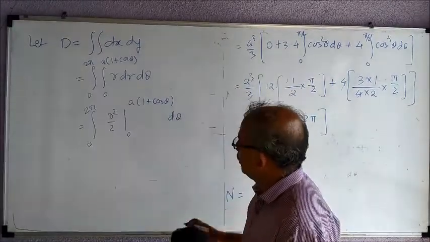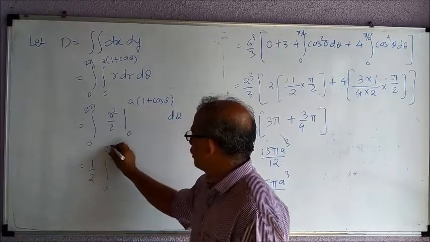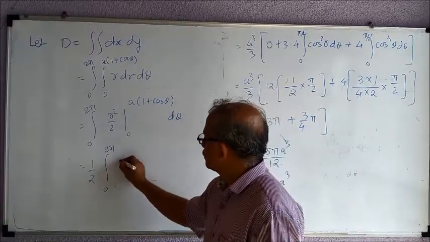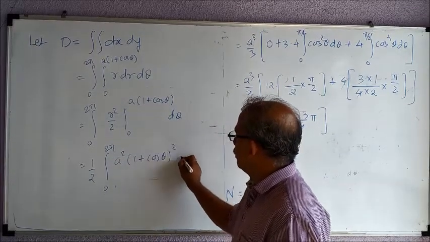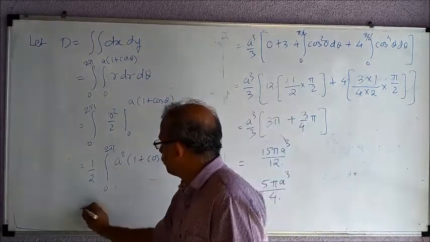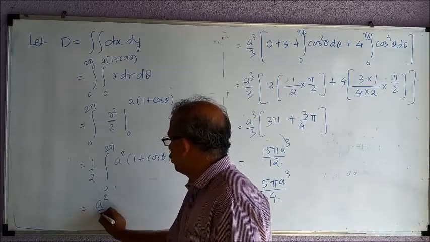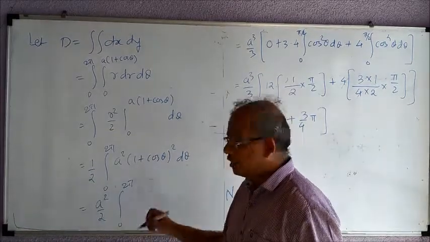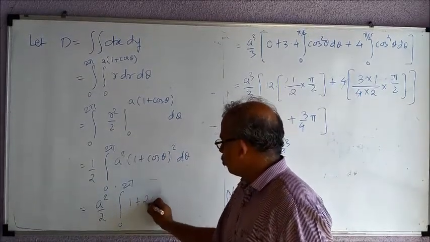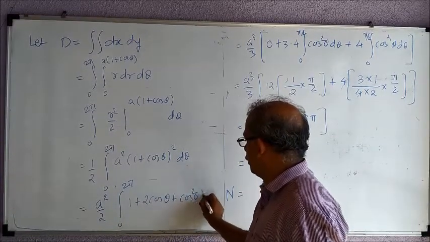Now solve this one and see what you are getting. This is equal to half outside, 0 to 2 pi, a square into 1 plus cos theta bracket square d theta. So this will be a square by 2 integral 0 to 2 pi, opening this bracket, 1 plus 2 cos theta plus cos square theta d theta.